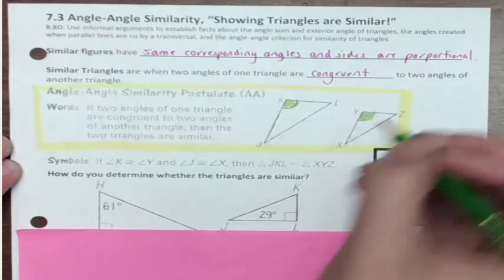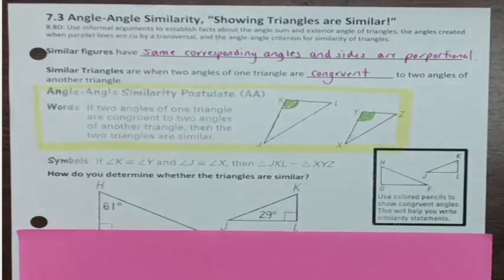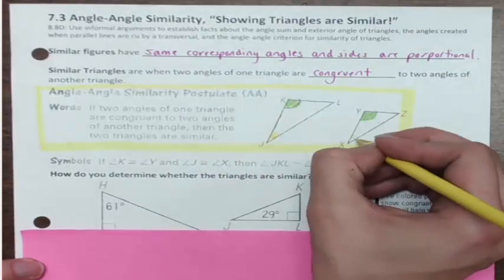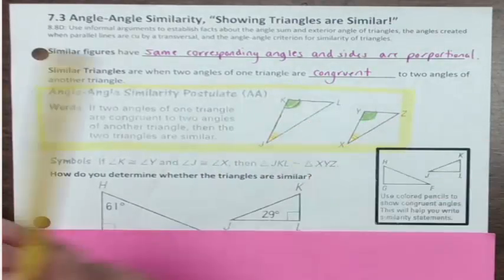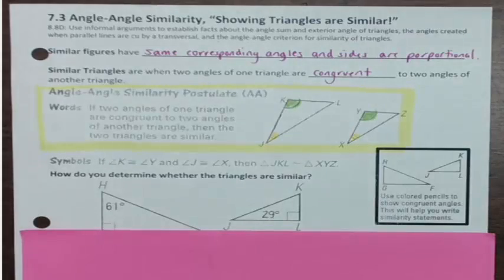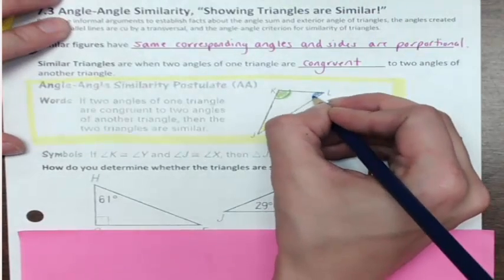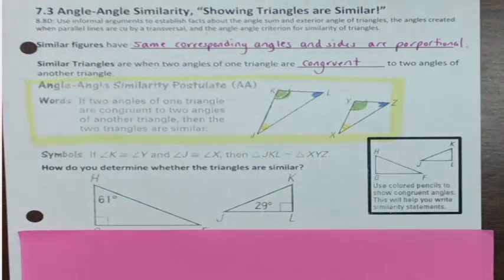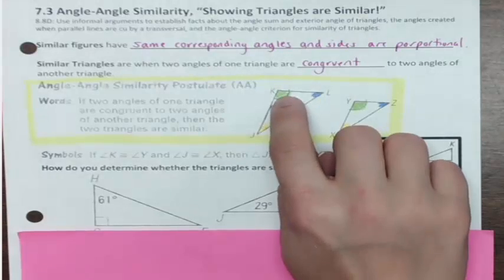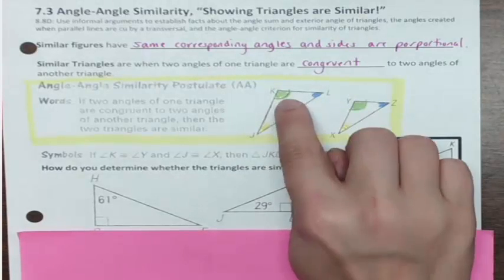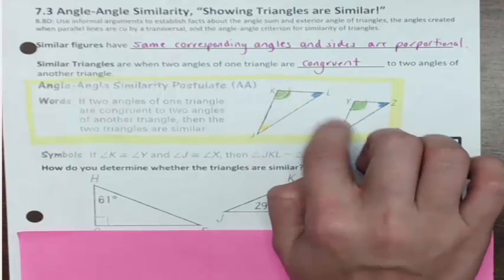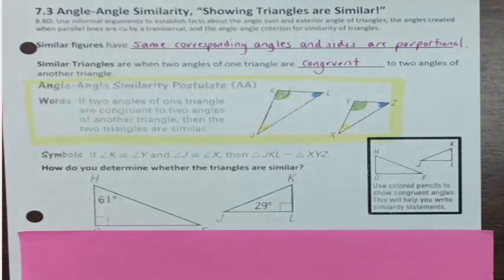Angle J has two lines that represent that angle, and so does X. And then angle L matches up with angle Z. Now it doesn't matter about L and Z; I just need two pairs of angles that are congruent to make them similar triangles.